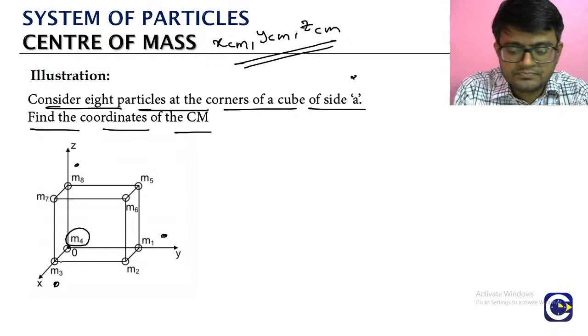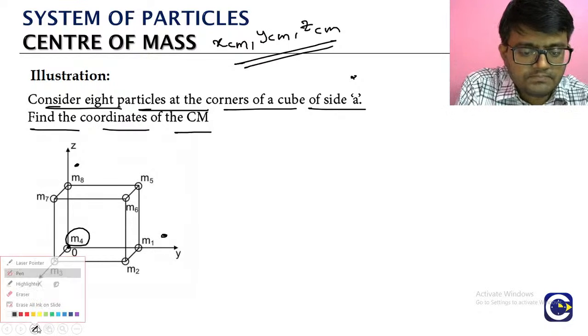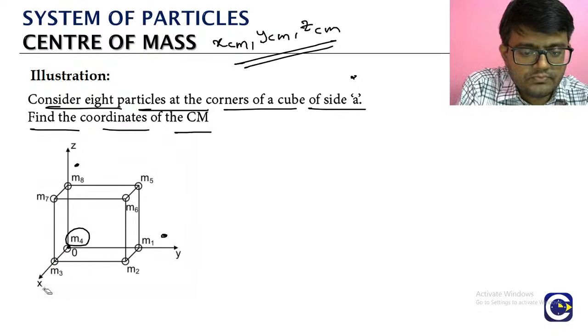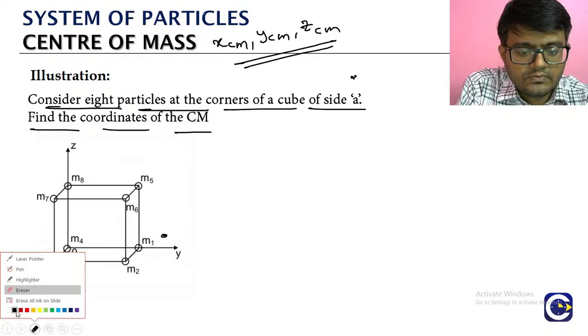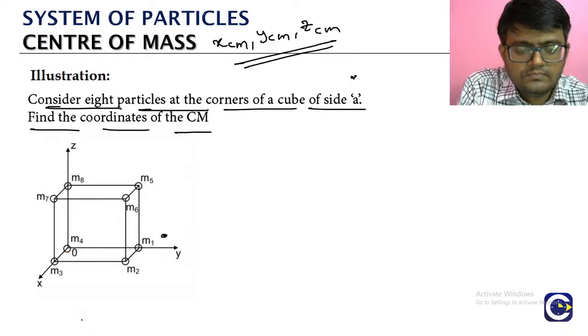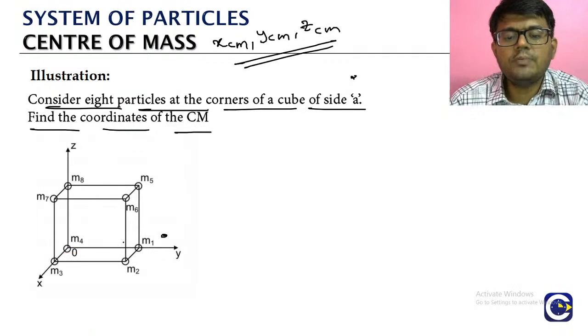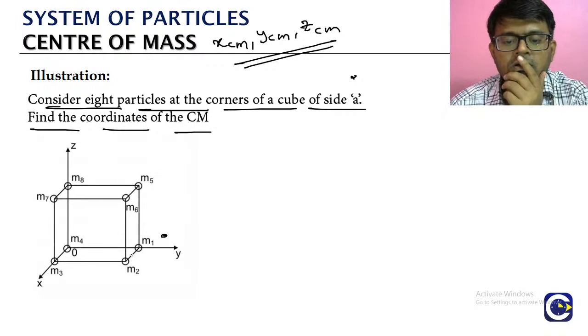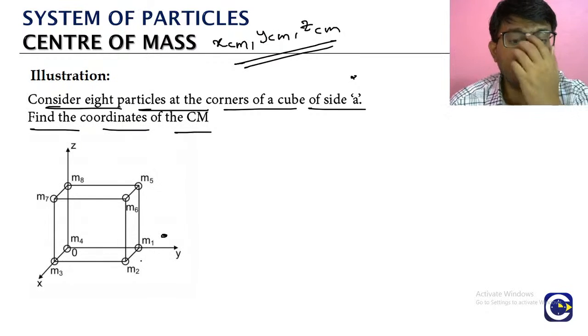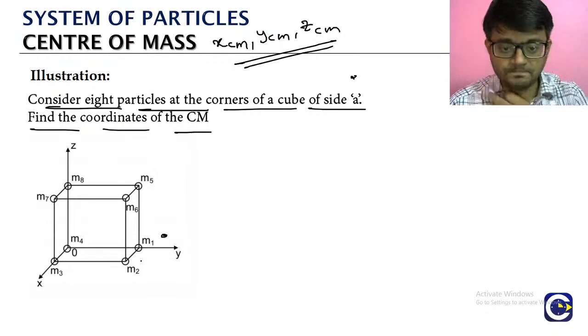Let us see. So m4 will be what? Origin means it will be 0, 0, 0. Like that, take one particle at a time and try to write the coordinates.